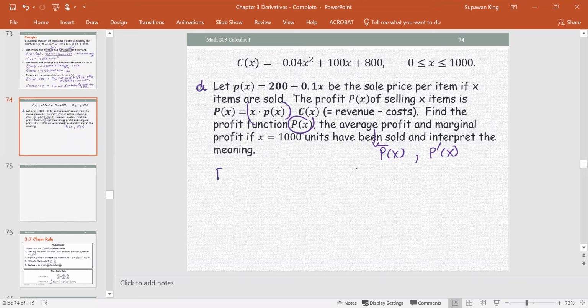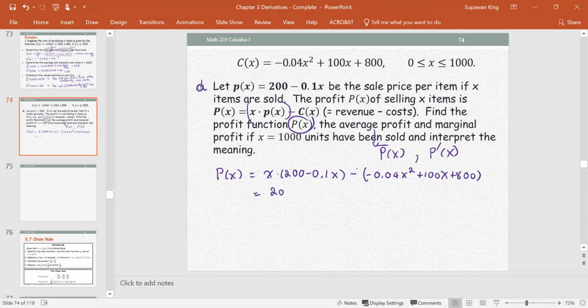So the first part, the profit function P of x equals x times the sales price function, which is 200 minus 0.1 times x, minus the cost function, which is negative 0.04 x squared plus 100 times x plus 800.